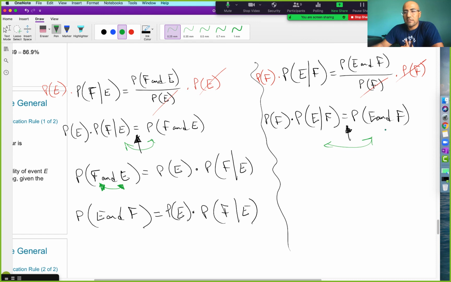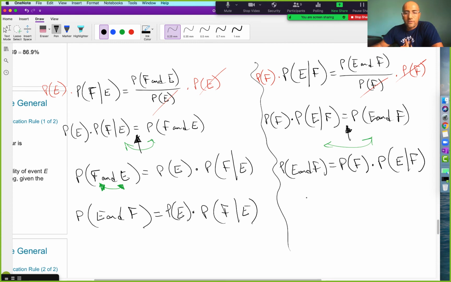I just want to put this first equals this. So I'm just going to flip it around and rewrite it as the probability of E and F is equal to the probability of F times the probability of E given F.